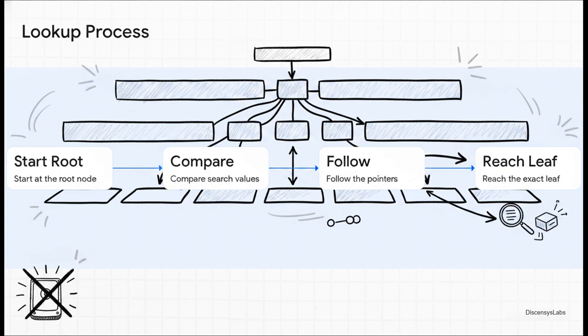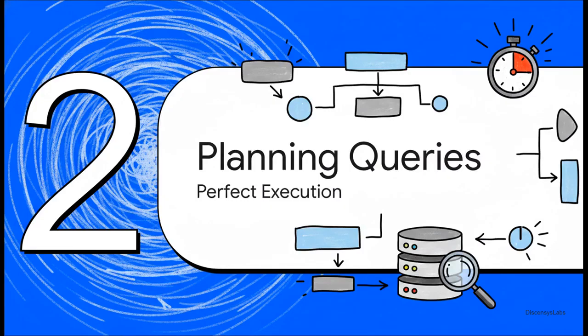This perfectly minimizes those expensive disk reads we were just talking about. The lookup process is wonderfully simple. The database starts at the root node, compares your search value, follows the pointers down the wide branches, and instantly reaches the exact leaf containing your data. It takes a search of a billion rows and turns it into just 3 or 4 lightning-fast operations. It's brilliant.